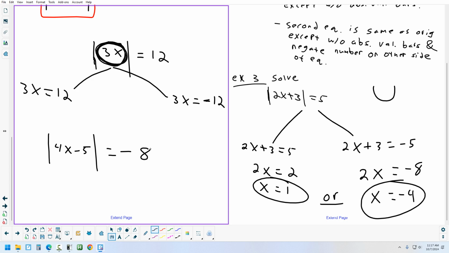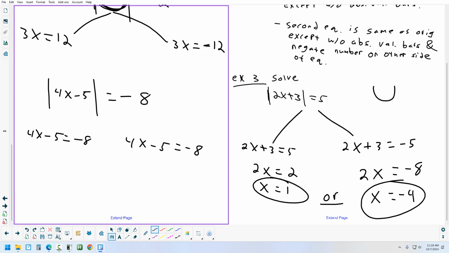What do you think the solutions would be to that problem? Yeah, Gracie? 4x minus 5 equals negative 8, and 4x minus 5 equals negative 8.